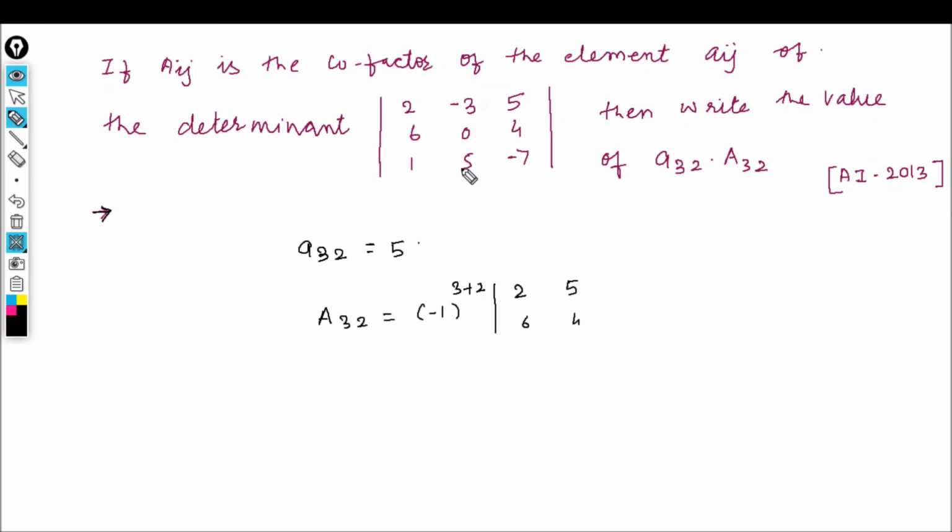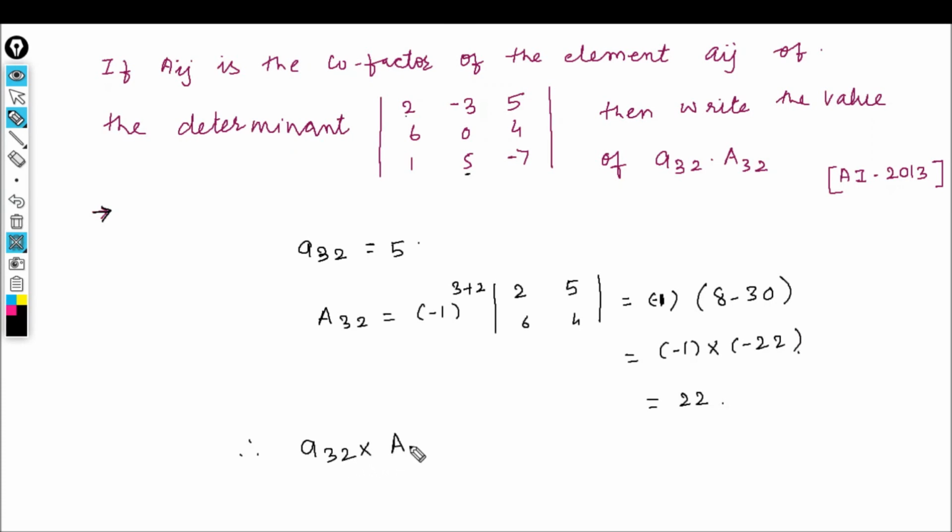So this is equal to बच्चों minus 1 bracket raised to 5, means minus 1 आएगा, into 8 minus 30 आएगा. So it is minus 1 into minus 22. It is plus 22. Now therefore a32 into A32, this is equal to 5 into 22, it is 110.